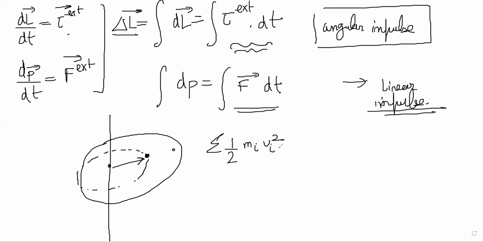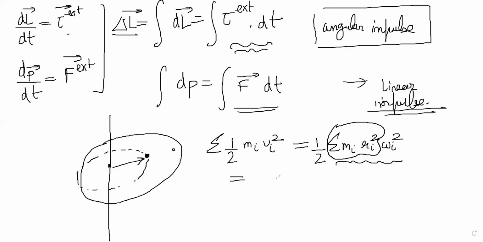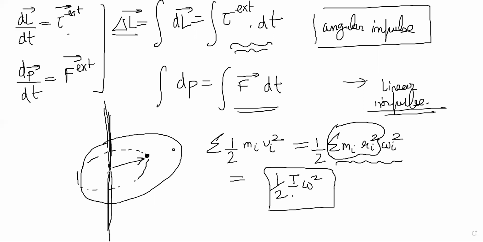Half comes out, and the summation m_i r_i square omega square. When you do this sum, this term will be collected as your I, and it will become half I omega square, where again you have to be careful that your I is about the same axis as the axis of rotation. Don't calculate I about some other point and then say half I omega square. You have to be very sure about which axis it is rotating around.